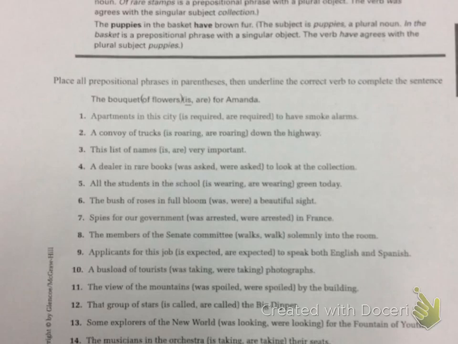Okay, on today's activity, we are going to work on something that we didn't do very well on the last CA, and that is making our subjects and verbs agree when there's a prepositional phrase in the way. You guys are really good about knowing how to make your subjects and verbs agree when they're close together.